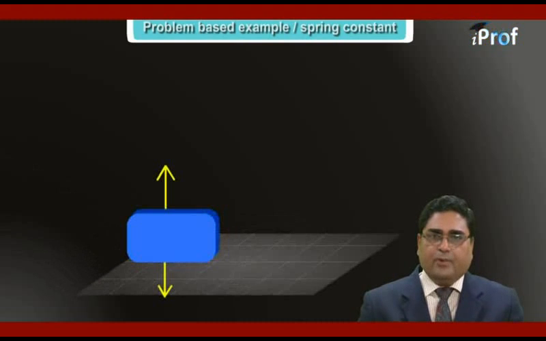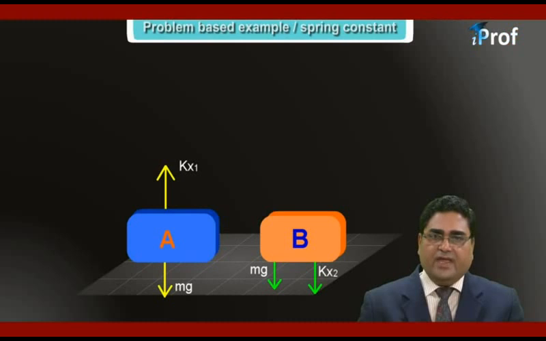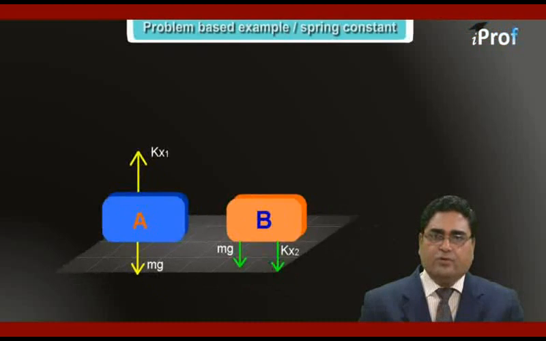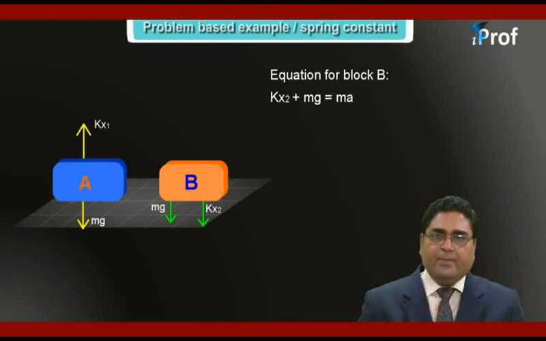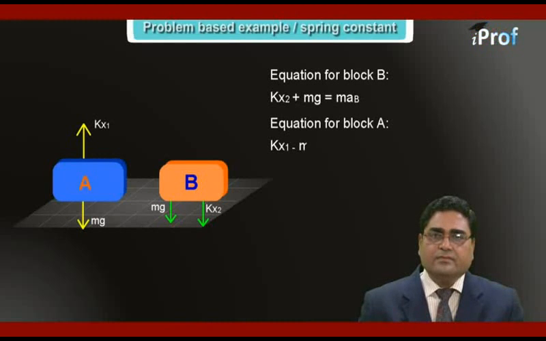Now, make the free body diagram for block A and block B. Since the string is cut between block A and block B, the acceleration of block C will again be equal to 0, and the equation for block B will be Kx2 plus mg equal to m aB, and the equation for block A will be Kx1 minus mg equal to m aA.